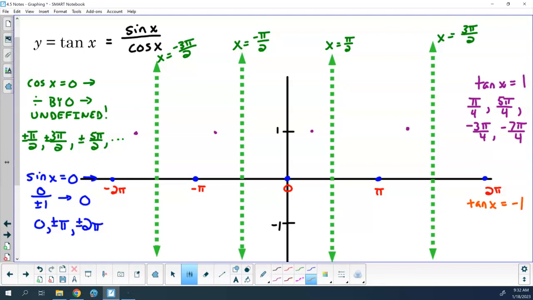Like, it'd be positive or negative 5 over 4. 3 pi over 4 and 7 pi over 4? Yeah. Yep. And those would be here, and here, and here, and here.